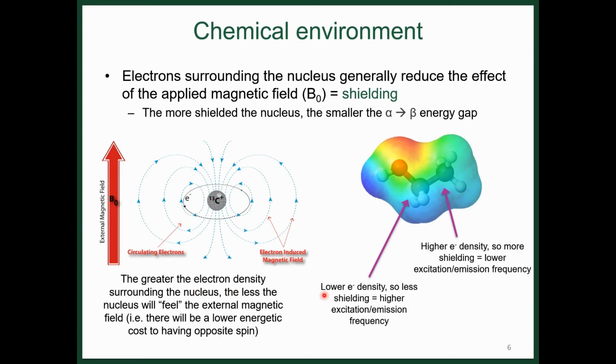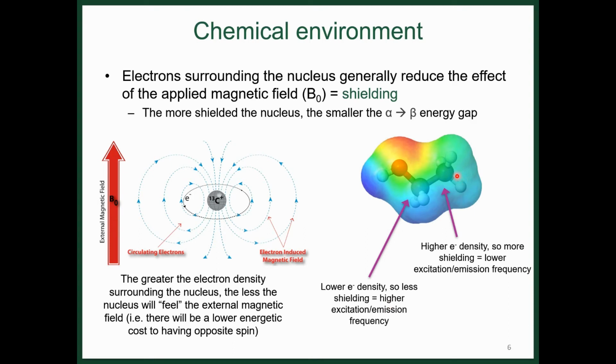Areas that have lower electron density, like the carbon in this ethanol molecule connected to an oxygen, will have fewer electrons on the carbon, and so it will be less shielded because more of those electrons are pulled towards the more electronegative oxygen atom. And we're going to see a higher excitation and change in the frequency of emission here.